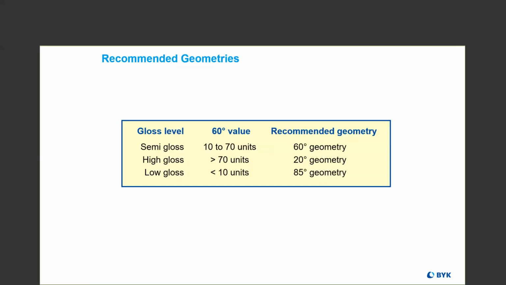If you measure a material and get a value of greater than 70 gloss units with your 60-degree meter, we would say that's the high gloss range, switch to a 20-degree geometry. And if you take a reading of your material and get less than 10 gloss units, again with your 60-degree geometry, we'd say this is the low gloss range, and you should switch to an 85-degree geometry.